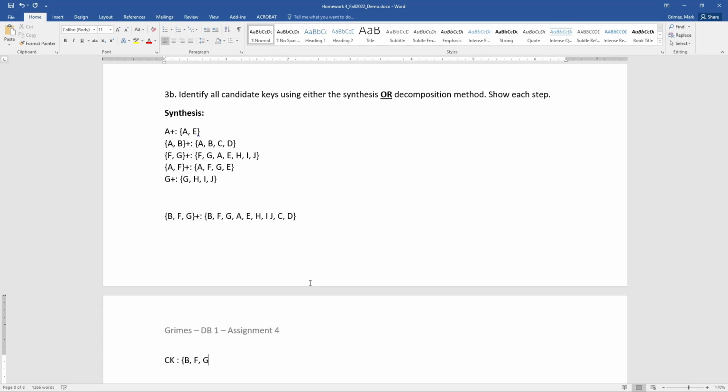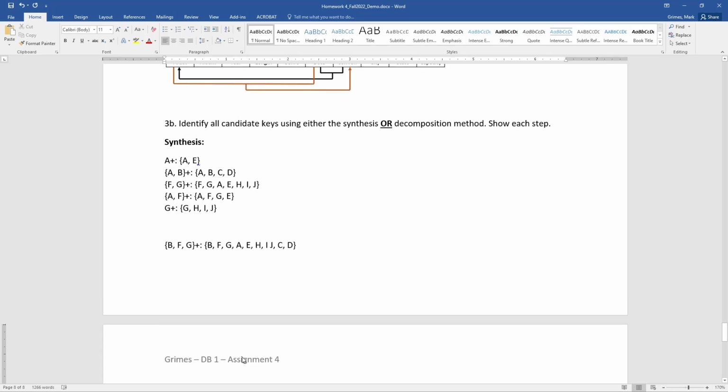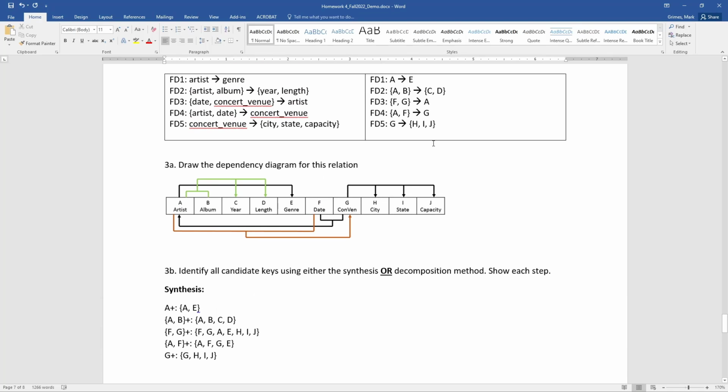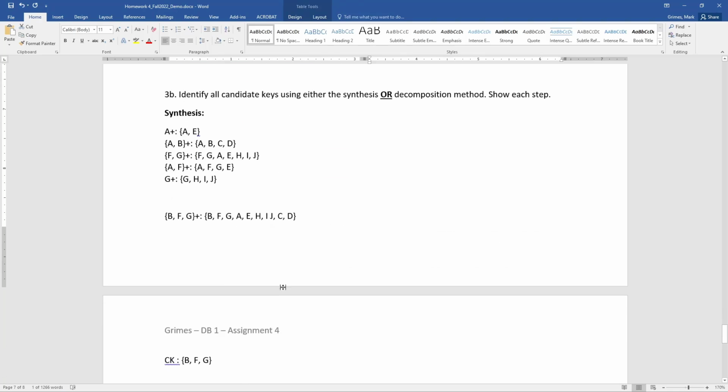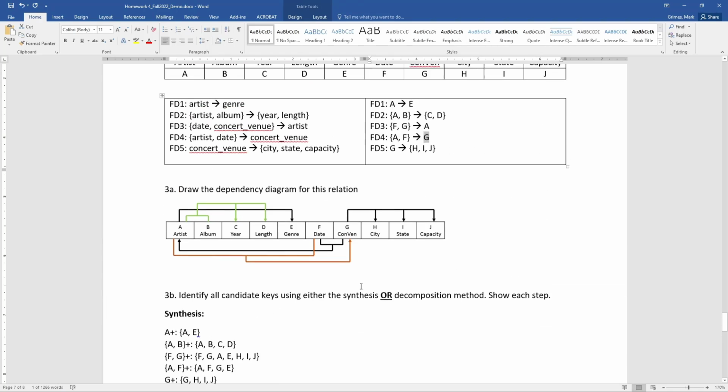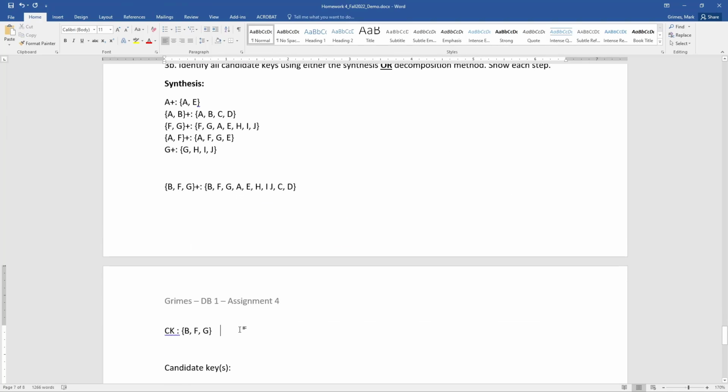And so now we want to see, are there any other candidate keys? Can we functionally determine any of these key attributes, B, F, or G? So it appears AF functionally determines G. So anywhere we see a G, we could put AF.